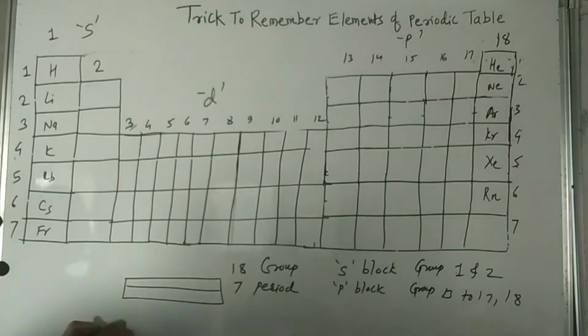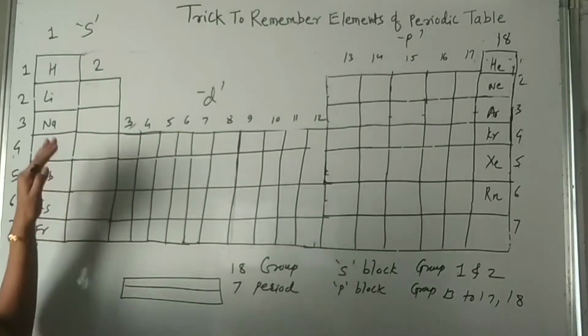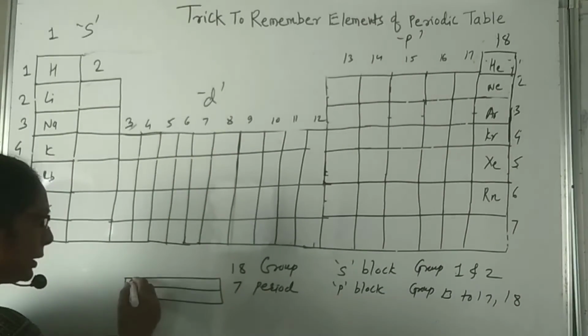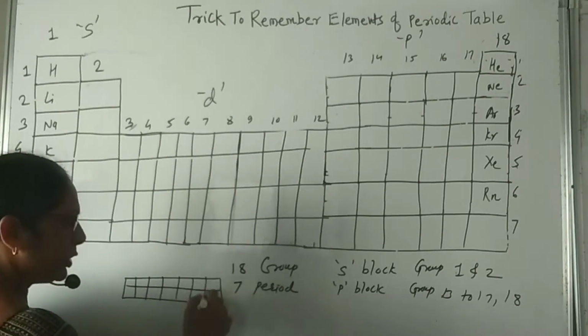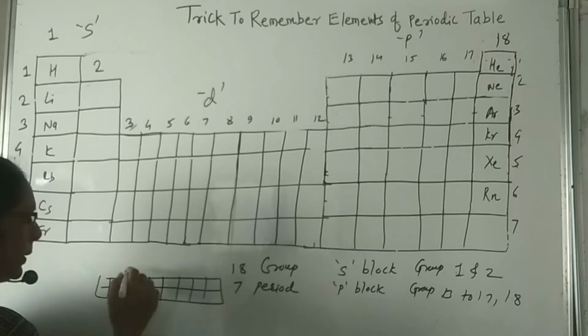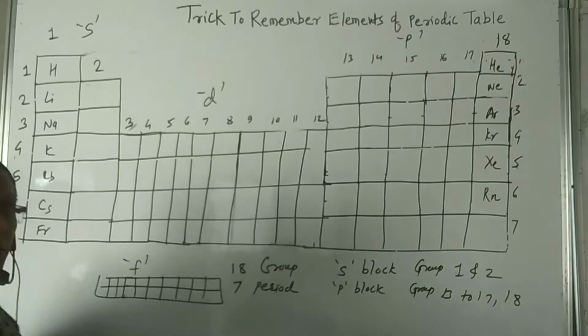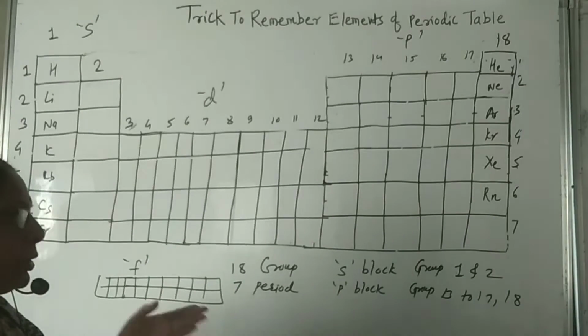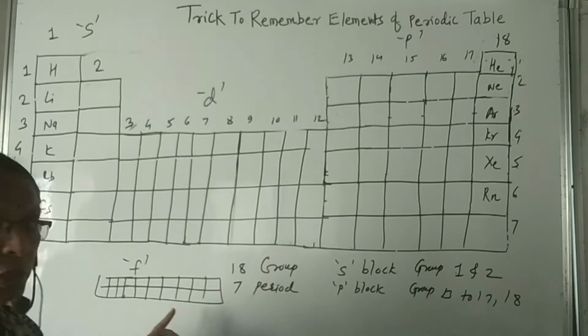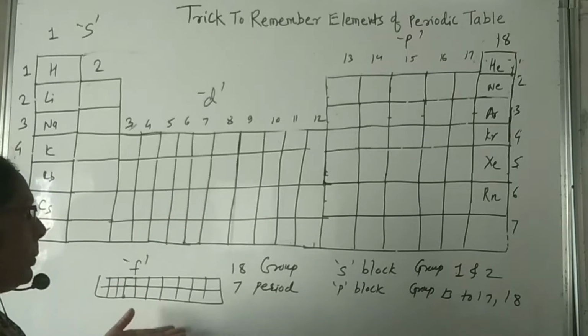These include about 14 elements each, and the last electron is entering the F subshell, so they are called F block elements.